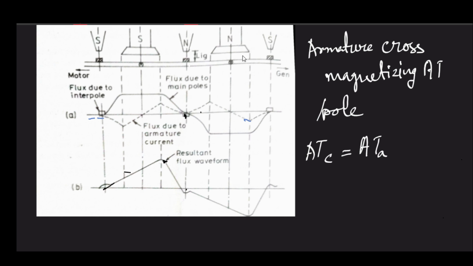However, here we can see that after introduction of our interpole, the total flux has become cross magnetizing, and we can write the interpole flux, that is ATI. ATI will be how much for the interpole flux?